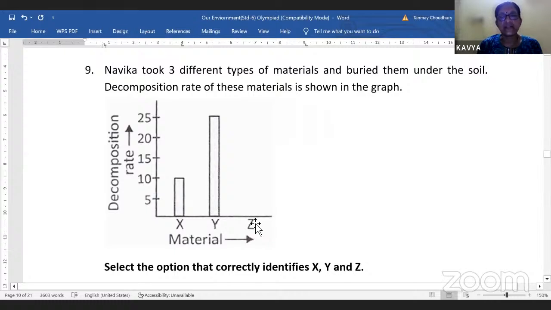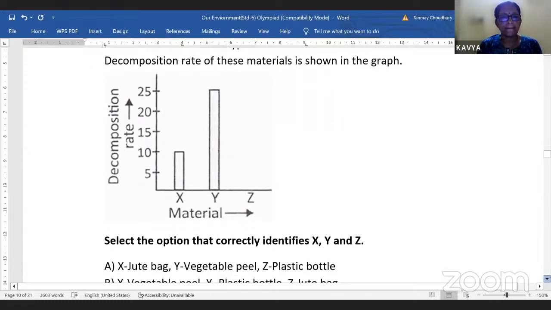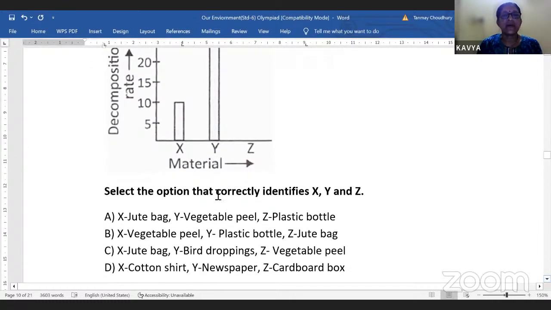And Z doesn't get decomposed at all. It remains just like that. So Z can be a plastic. So here, what will be the option? X is a jute bag, Y is a vegetable peel, and Z is a plastic bottle.